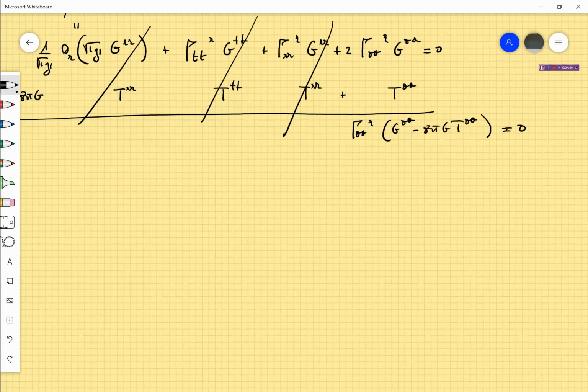Okay, and now this is 0. But because this gamma is different from 0, what you get is that the other two equations imply the third equation, the theta theta equation.